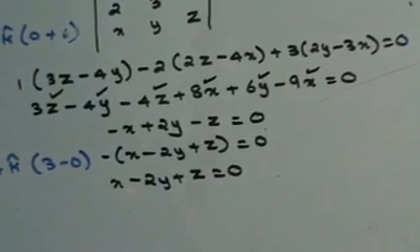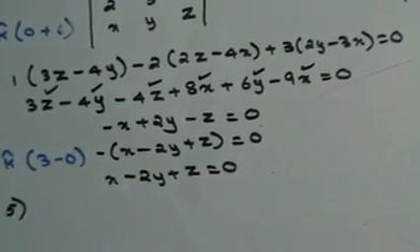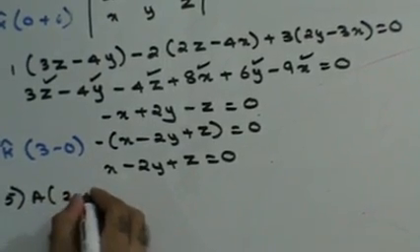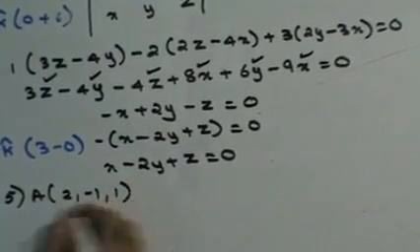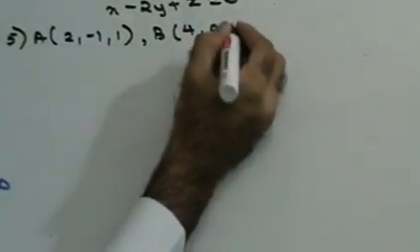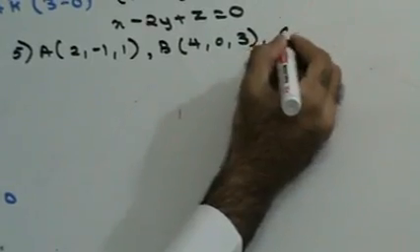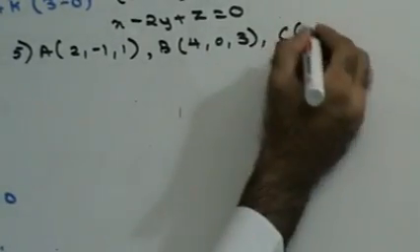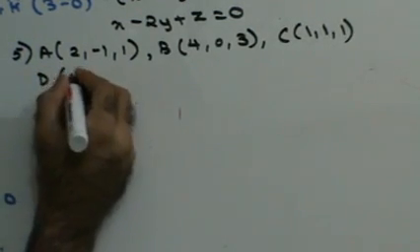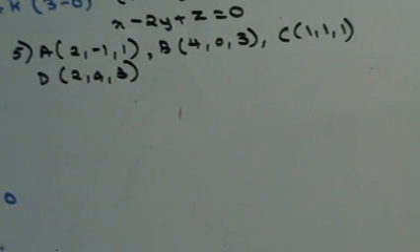Show that the points (2, minus 1, 1), (4, 0, 3), (1, 1, 1), and (2, 4, 3) are coplanar.